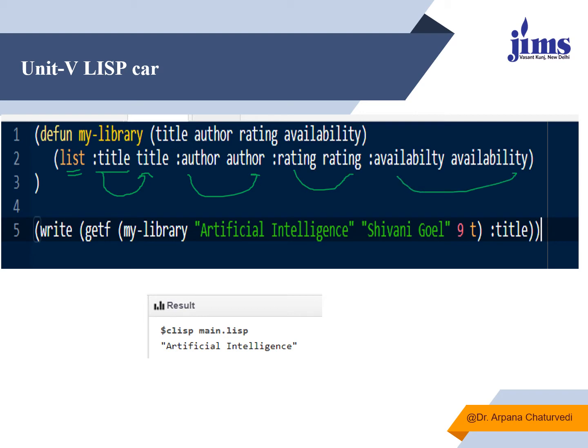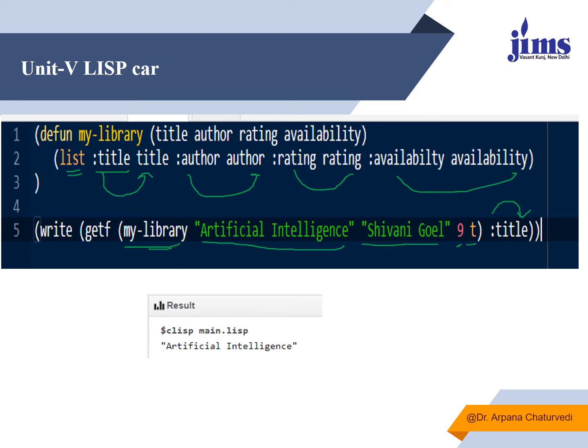Now I am writing getf, which will get from the function library, and I have passed artificial intelligence as the first argument, Shivani Goyal as the second argument, third is 9, and availability is true, colon title. And what we display will be only the title.